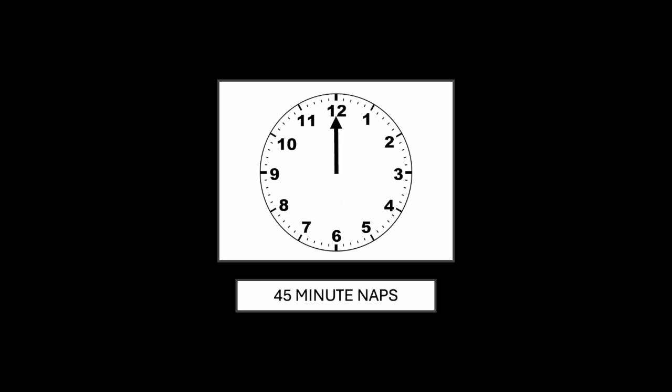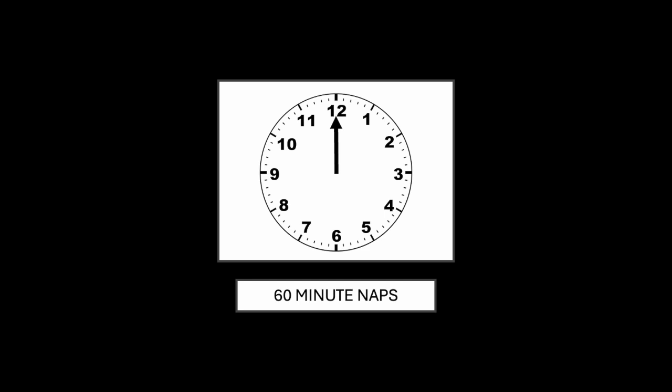So if we're taking 45-minute naps and we've never seen a clock before, we think the minute hand is going in the reverse direction. This is what happens when you sample at greater than half the frequency. It gets quite confusing as to which direction you're going in.